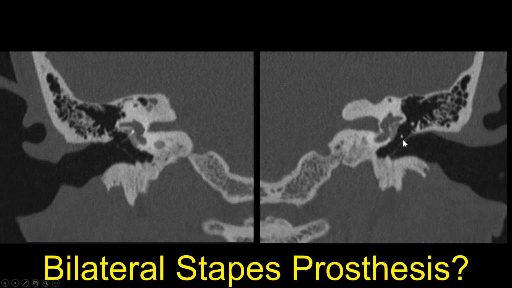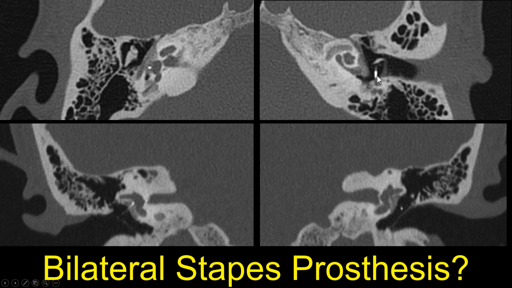When we look on the contralateral side, though, we see the prosthesis is down here. It's not going up towards the oval window. When we compare the axials, on this side we see the abnormal spongiotic bone consistent with otospongiosis or otosclerosis, but we still have the stapes prosthesis going up to the oval window. But on the contralateral side, we see that the prosthesis is lying down in the back of the middle ear cavity.